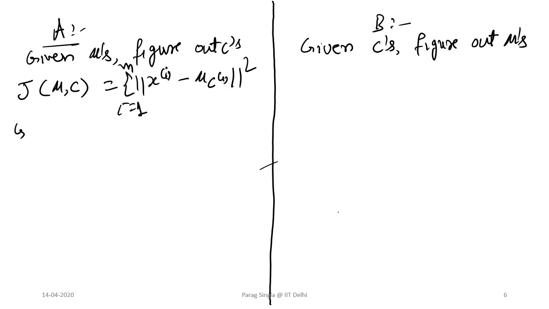In other words, what we are looking for is argmin. We want to minimize this J with respect to mu and c, but the mu's are given to us. So essentially in this step, what we are looking for is argmin over c's of xi minus mu ci whole square.